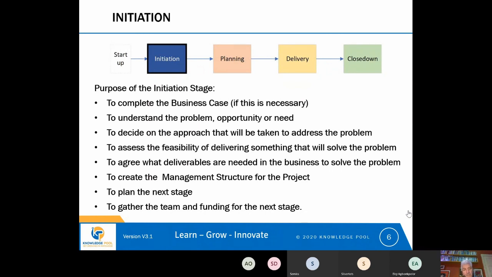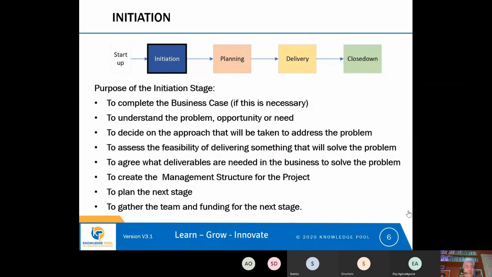So the next purpose in initiation is to create the management structure for the project. As I mentioned, the startup period will normally result in a project manager being assigned, but it's in the initiation stage the rest of the management structure from the project will be set up, and that will probably include the setting up of a steering group and regular meetings for the steering group.